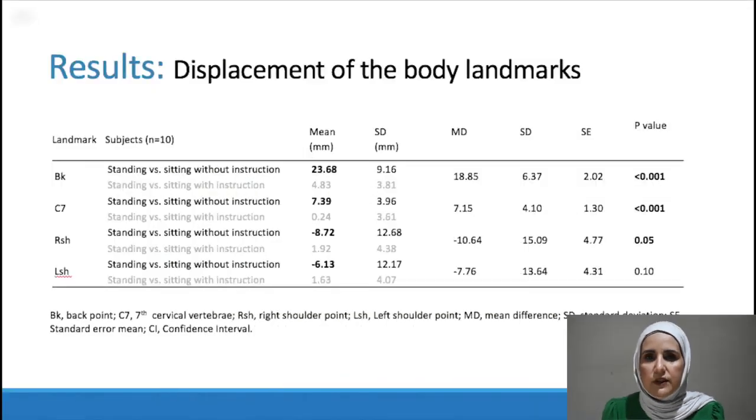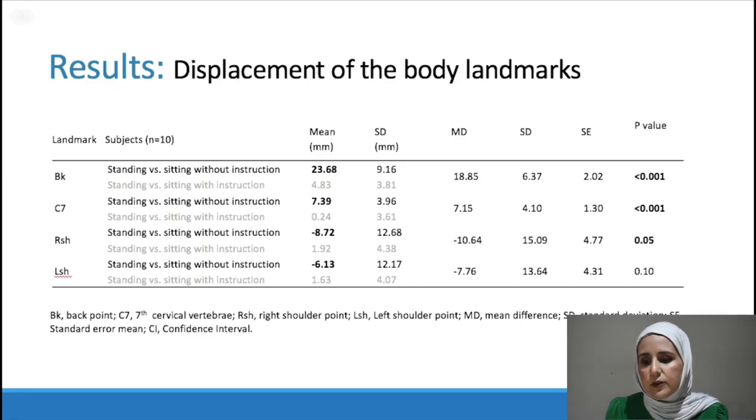And we also measured the displacement of 4 landmarks, which are the back point, C7 and the right and left shoulder points. And you can see here the point that displaced the most from standing to sitting position was the back point, while the patient was seated without instruction.